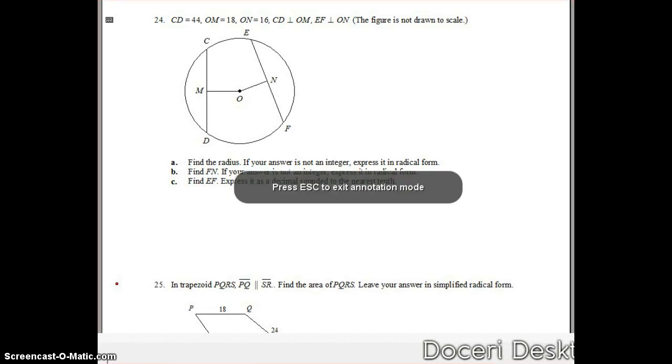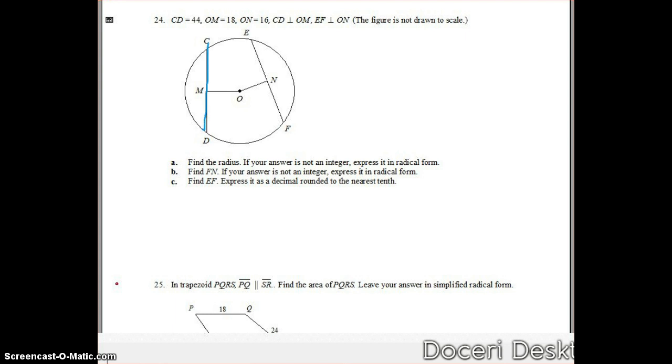Number 24 tells me that CD is 44. We know that OM is 18. We need to know that ON is 16.